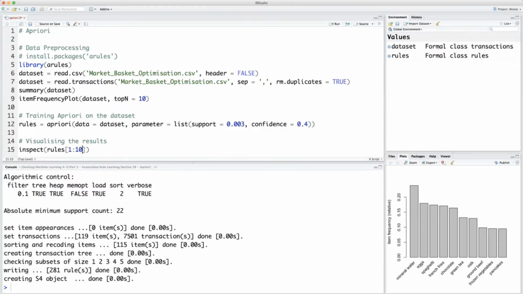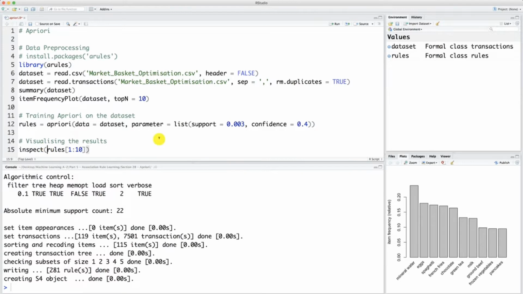So here we will get the first 10 rules, but that's not very interesting because this will just give us the 10 first rules found by our apriori model. So that's not going to be the rules having the highest lifts. That is the most relevant rules. So that's why right now we need to sort the rules to get indeed the 10 first rules that have the 10 highest lifts. So let's do this.